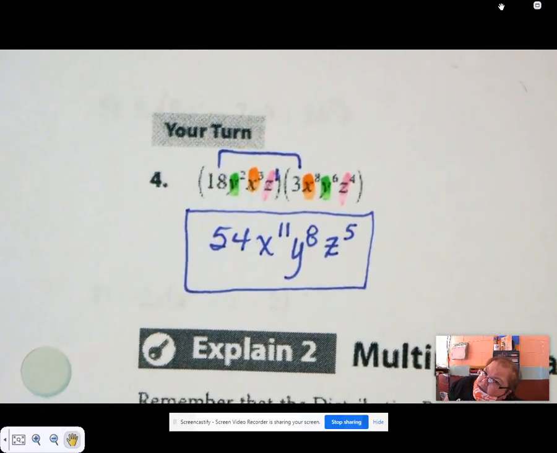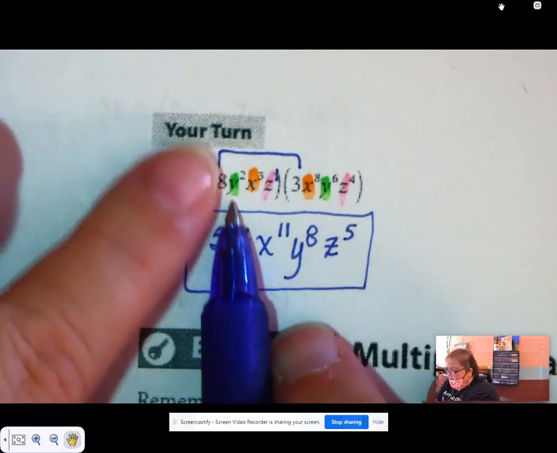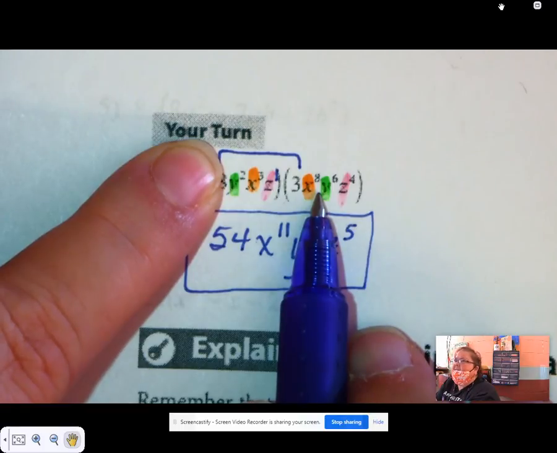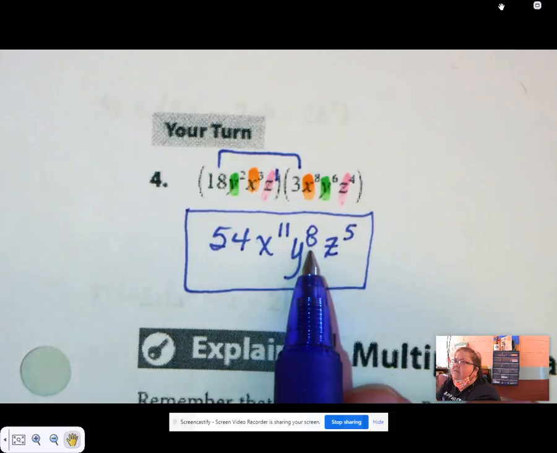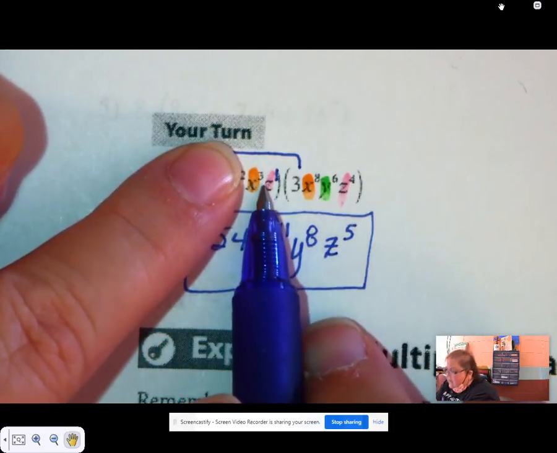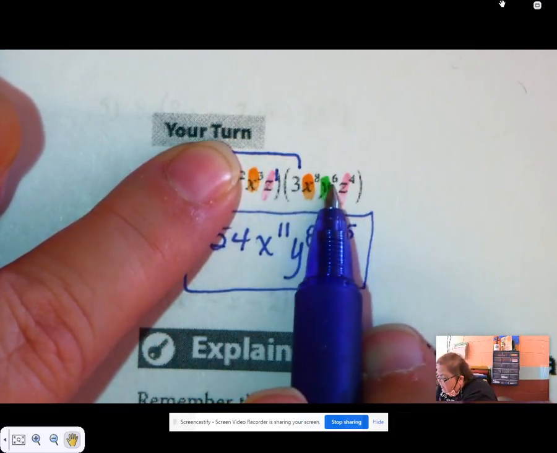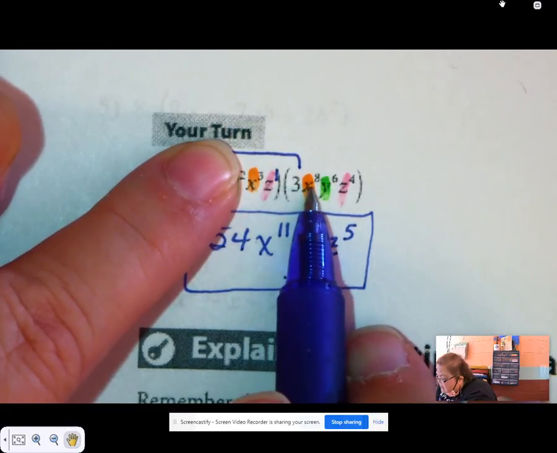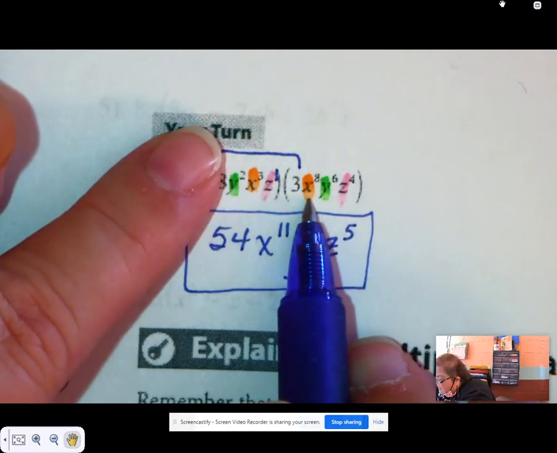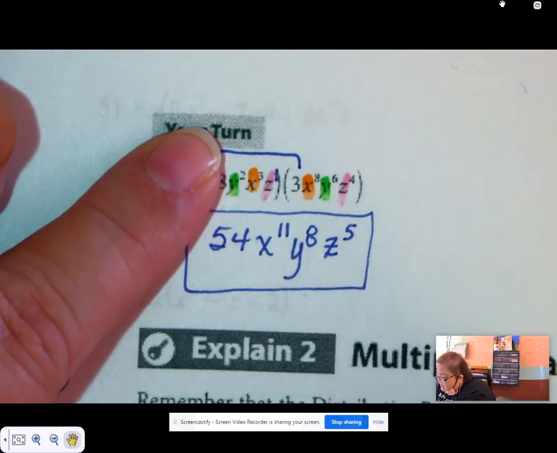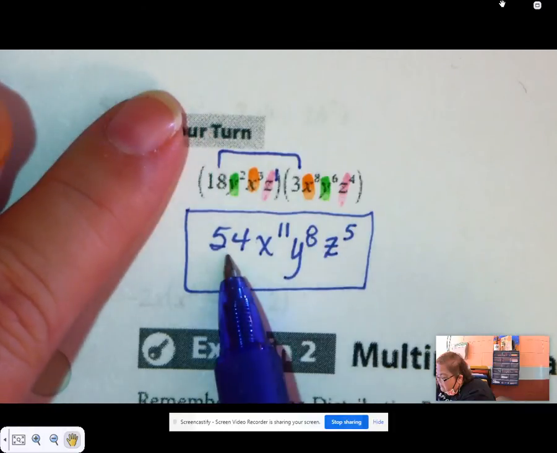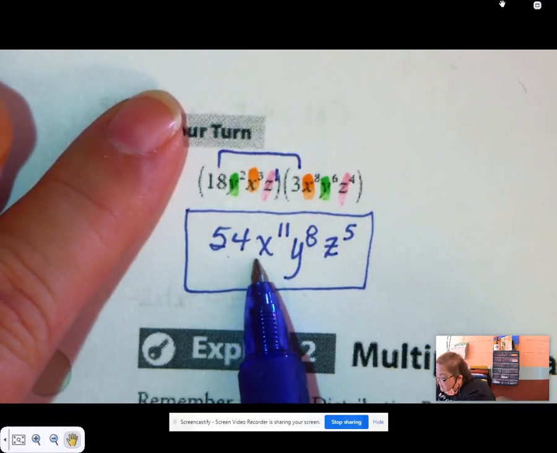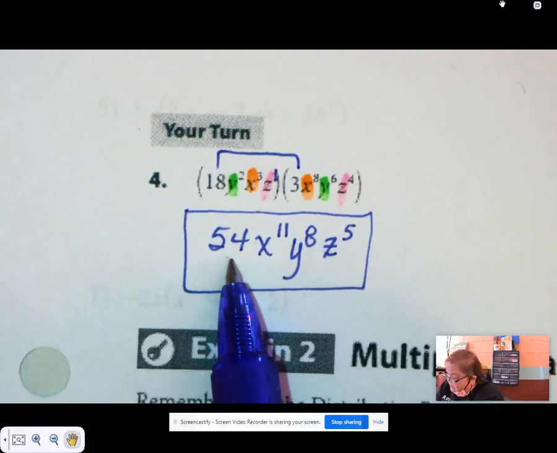Number 4 is multiply y times y. So 6 plus 2 is 8. X is 3. Then you did the 18 times the 3, is 54, correct?